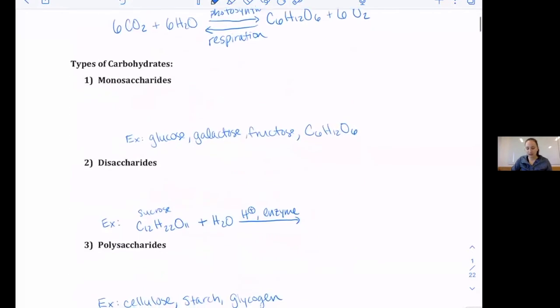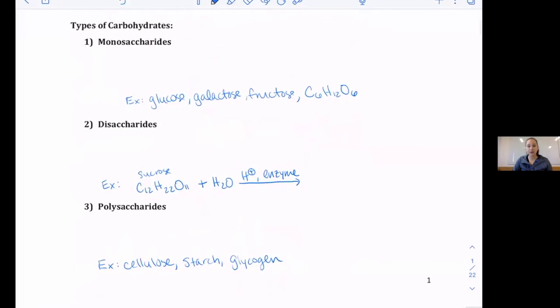Okay, and then we're also going to talk, in our little intro, about what types of carbohydrates there are. I said the word monosaccharide already. This is the smallest unit of a carbohydrate. It cannot be split, or hydrolyzed, those mean the same thing, into a smaller carbohydrate.